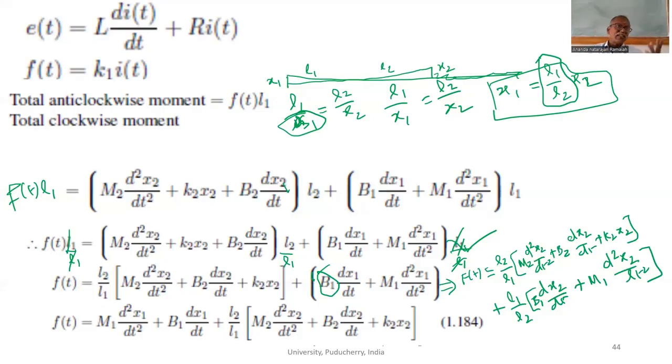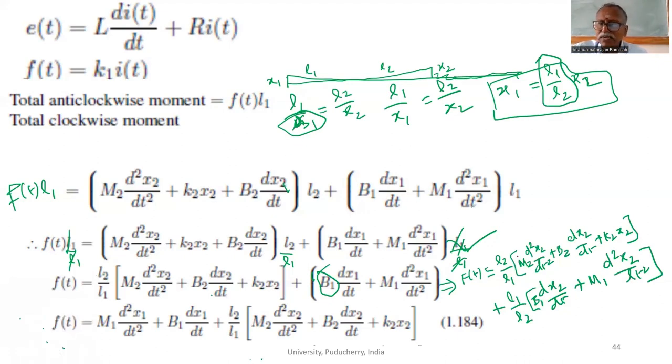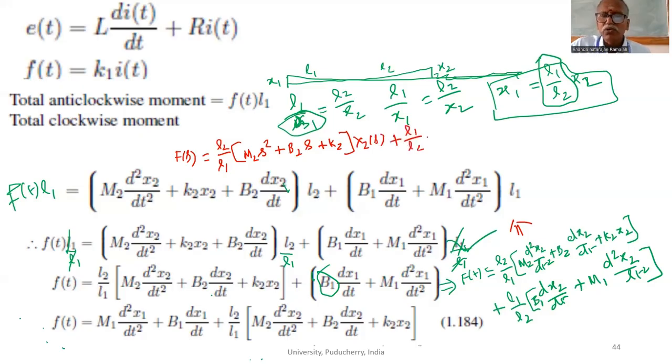Now we can take the Laplace transform assuming zero initial conditions. Taking the Laplace transform on both sides, F(s) equals L2 upon L1 times M2 s² X2(s) plus B2 s X2(s) plus K2 X2(s), plus L1 upon L2 times, if we take the Laplace transform of this, what you will get?